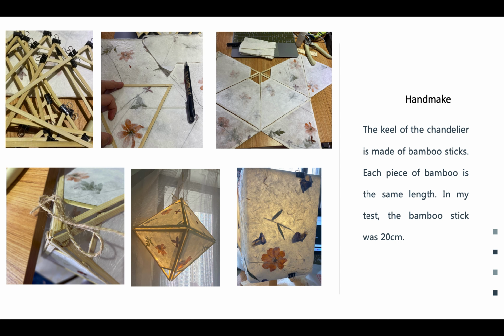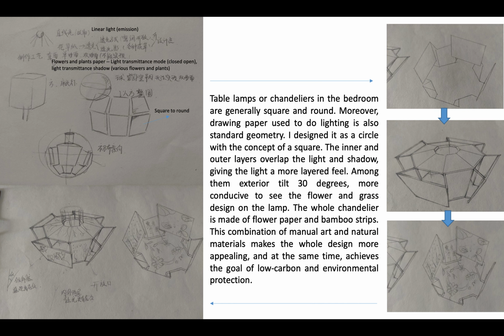The only downside is water resistance, and I'm also testing some waterproof coatings to improve its performance. My first design was a chandelier for a bedroom that incorporates the technique of floral paper.